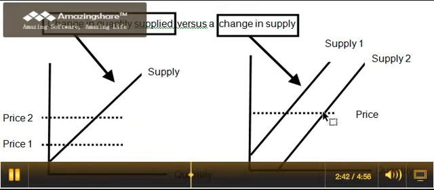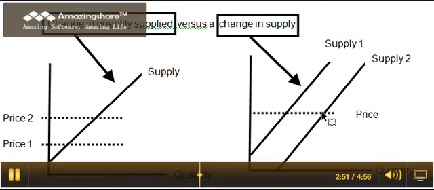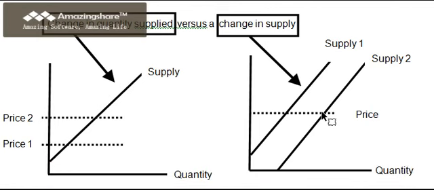In this case, it would be something like the price of inputs. If the price of inputs went down, then the supply could increase. Let's say, for example, the cost of gasoline. The input for gasoline would be crude oil, of course.